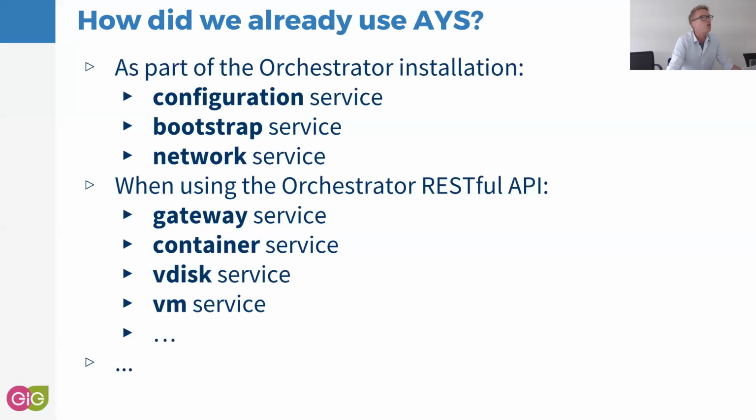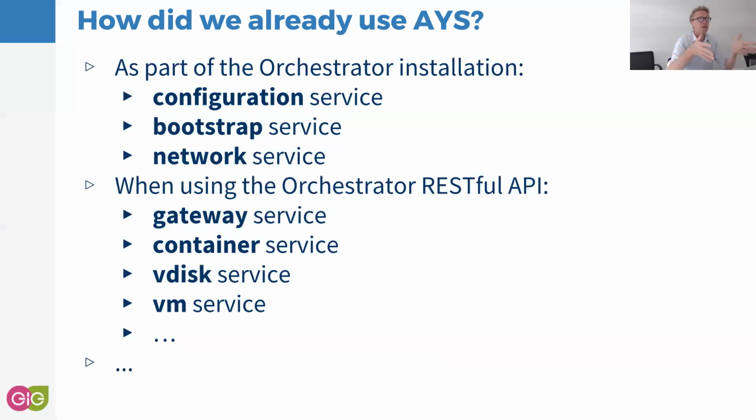In order for the gateway to come up, we did not just create a gateway container on a specific node, but we also created an AYS service. To put it more correctly, what we were actually doing when talking to the RESTful API was creating a gateway service. And it was the gateway service in turn that would then actually create the container running the gateway software. That's important to understand.